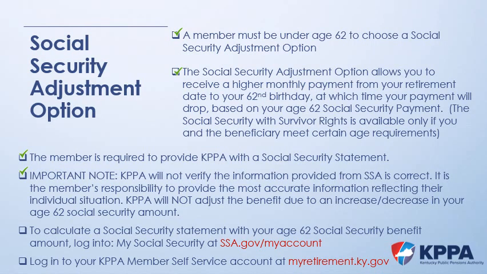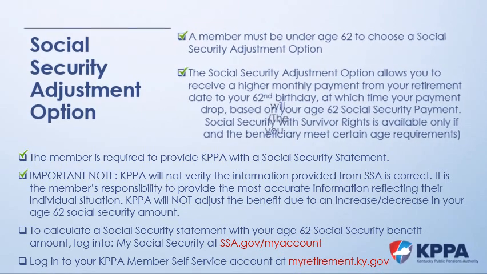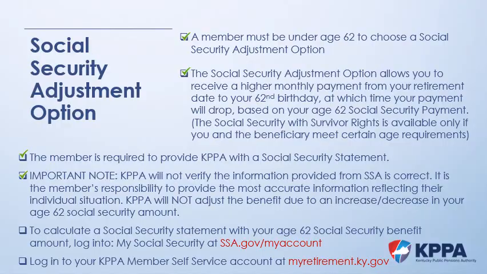As I mentioned before, the member will be required to provide KPPA with a Social Security statement at the time of retirement to generate these options on the final retirement paperwork. It is important when obtaining the statement that you tailor it to your specific needs. By going to My Social Security or ssa.gov/myaccount, you can generate a Social Security statement that assumes a specific termination date and prevents your Social Security statement from being inflated.